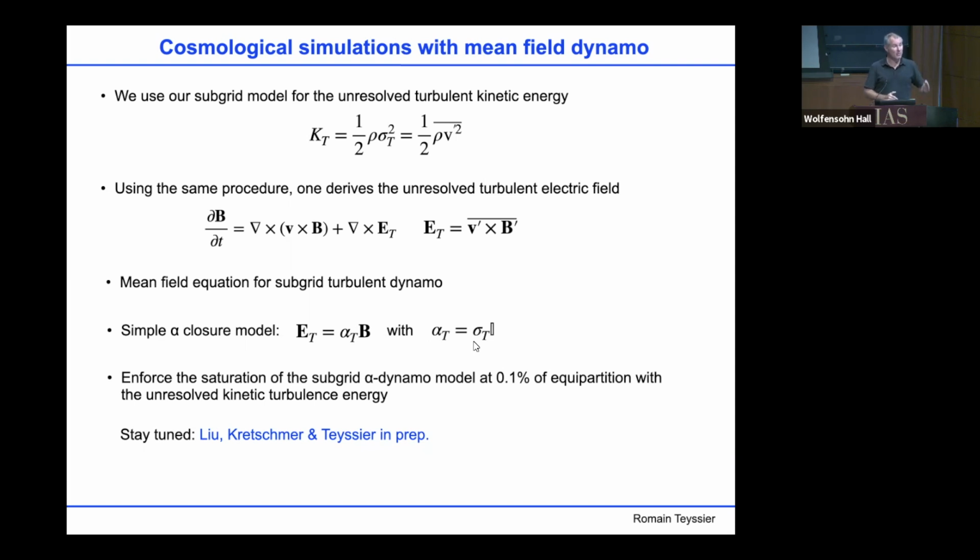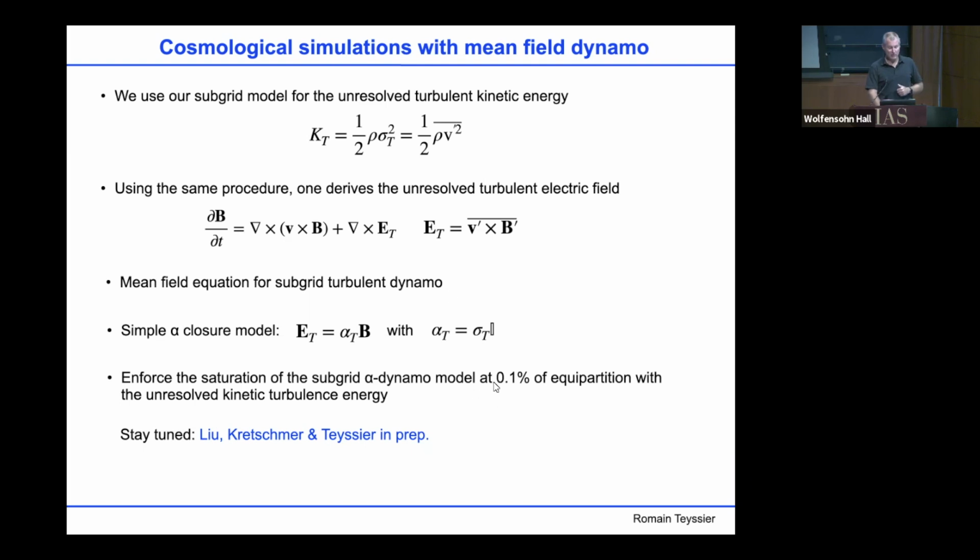So that's how we amplify the field linearly. And this basically tells us that the unresolved eddies inside our computational cell are driving the dynamo at a speed which is given by the speed of the largest eddies in our unresolved, scale-separated flow.